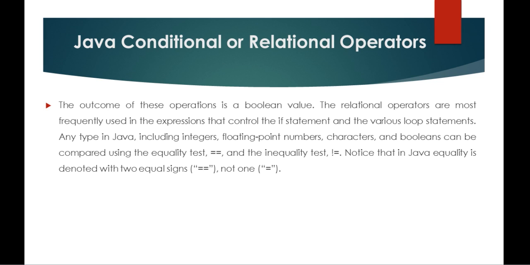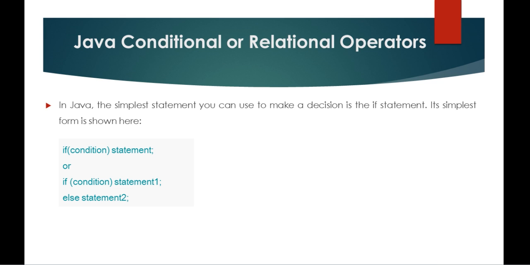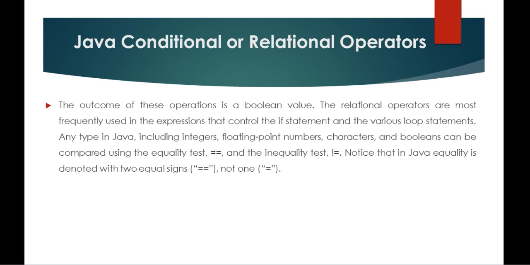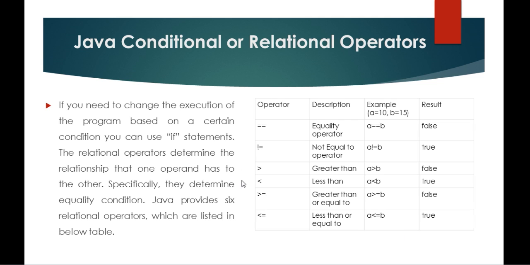Kasi yung one equal sign natin, we call that one as assignment operator. And yung two equal signs naman natin is we're already testing the equality of both sides inside our operators. So, kailangan muna natin intindihin kung ano ba yung conditional statements natin para magamit natin yung mga relational operators natin. Yan. So, eto yung mga relational operator natin.